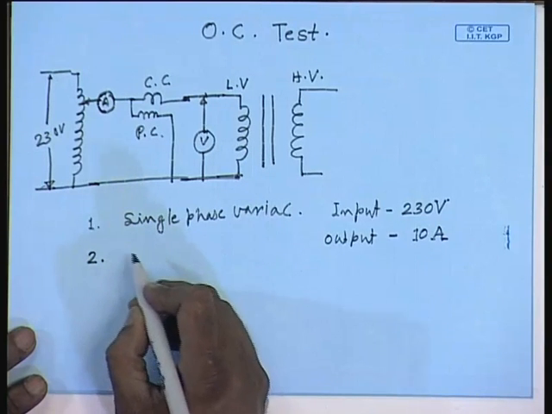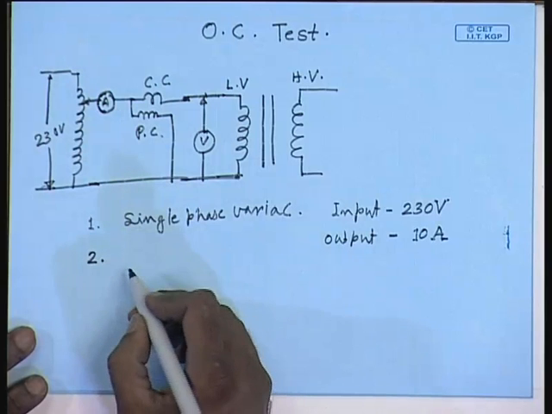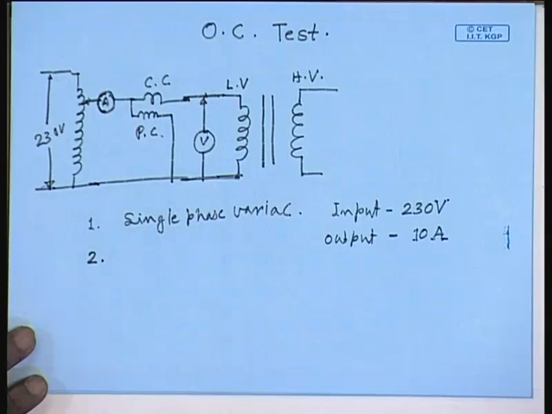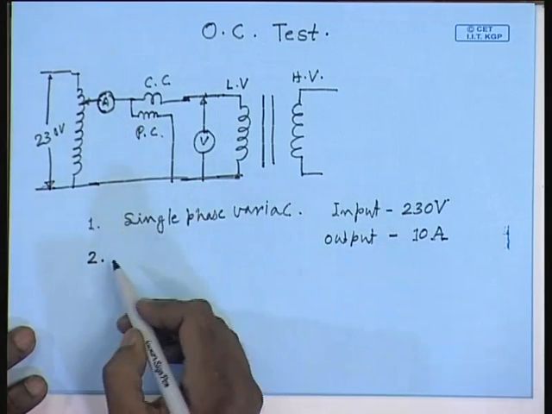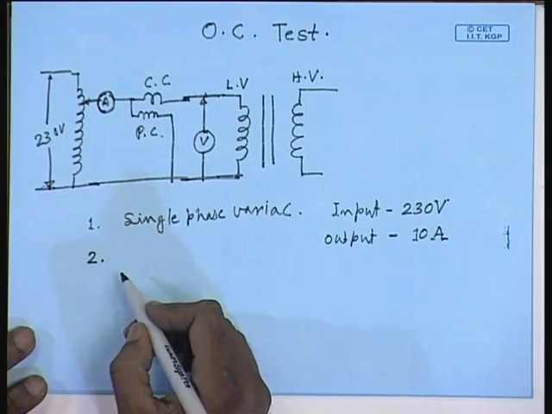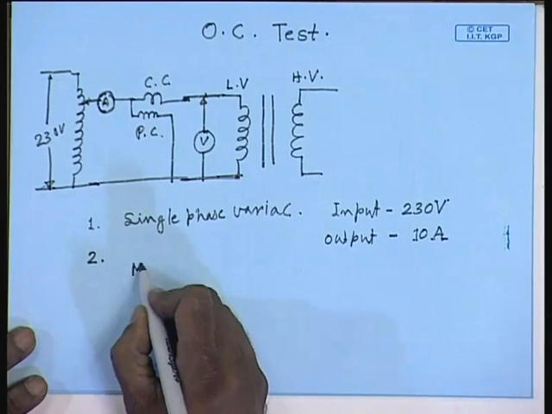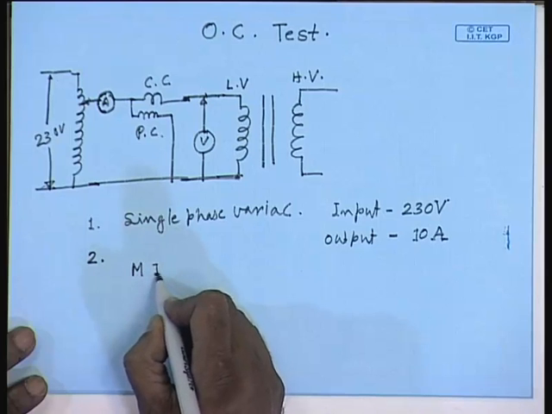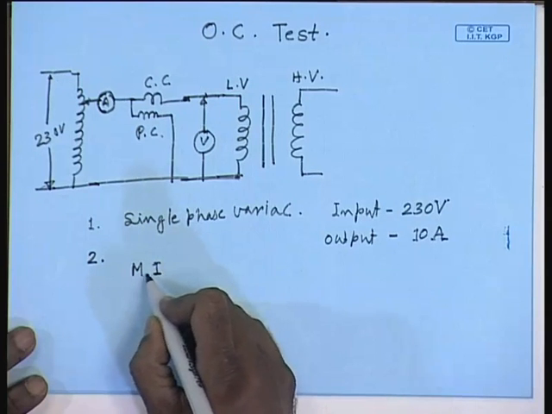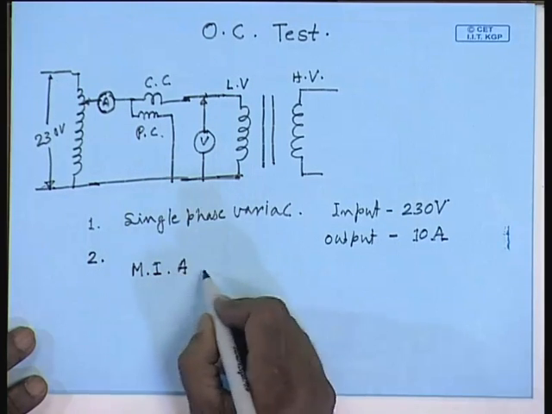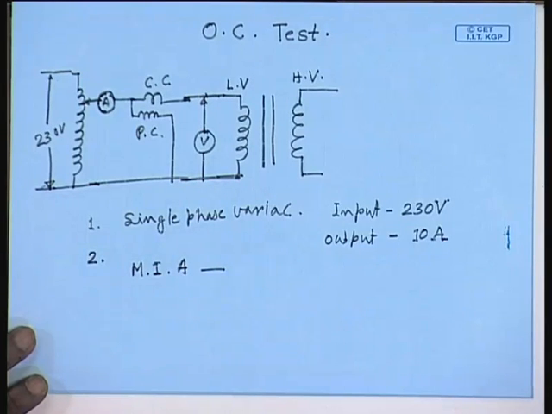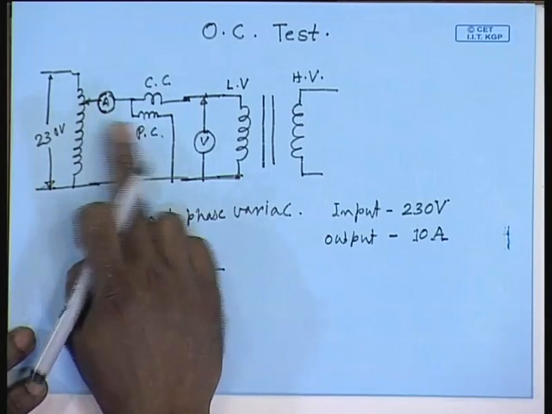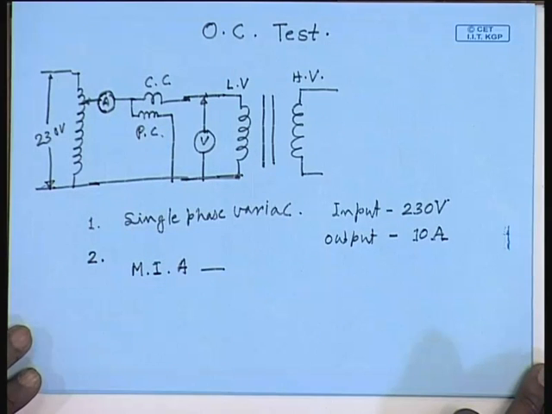Second is the ammeter. Here also we will need a moving iron ammeter. As we have already mentioned, the current drawn will be simply the no load current of the transformer.